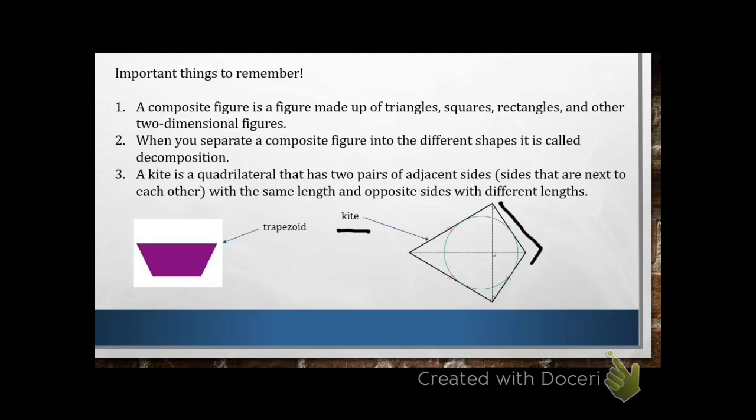So these two would be adjacent and these two would be adjacent. It would not be the long and the short, all right? And then the opposite sides have different lengths. And that makes the kite, like you're familiar with flying a kite, it has that same shape. All right, so those are some important things I want you to remember.